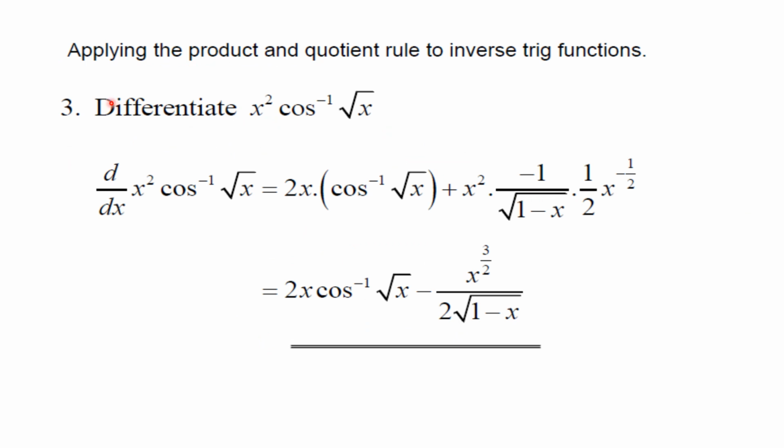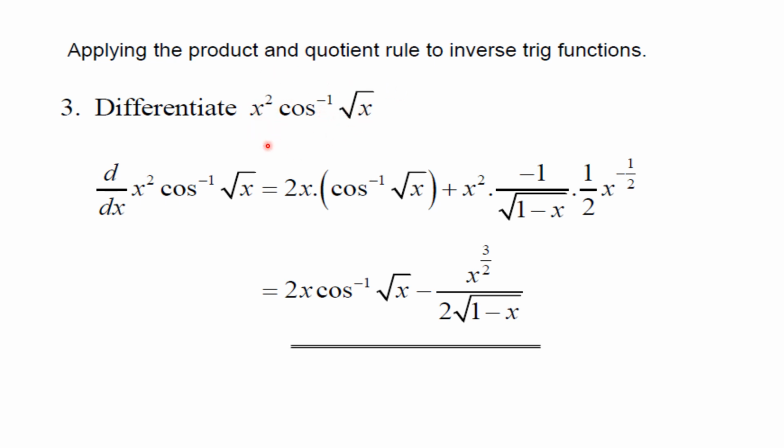Next, you also have to recall applying the product rule and quotient rule, which is related to our semester 2 differentiation. Say you have a function, differentiate x squared with inverse cosine. This one has two terms, u and v.